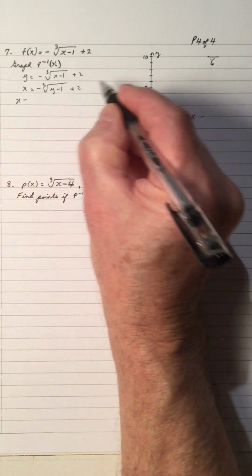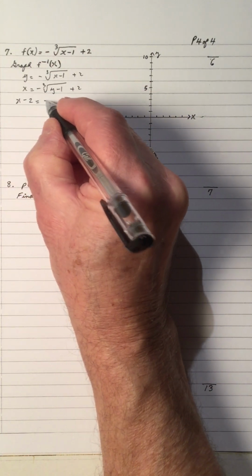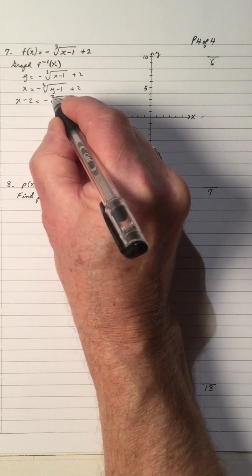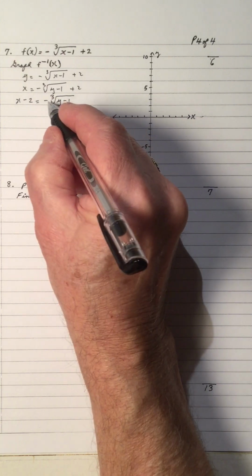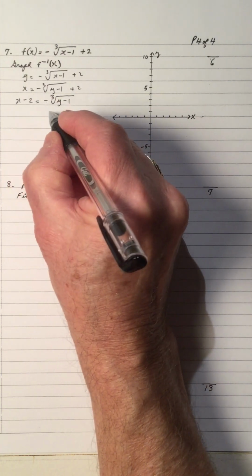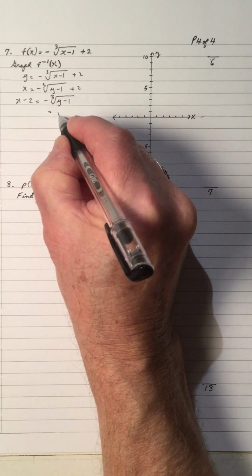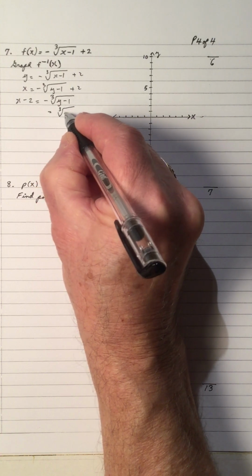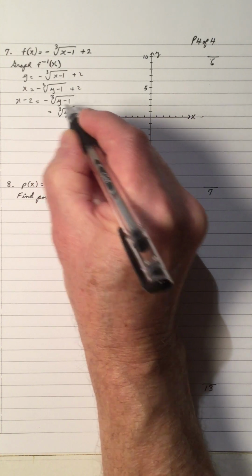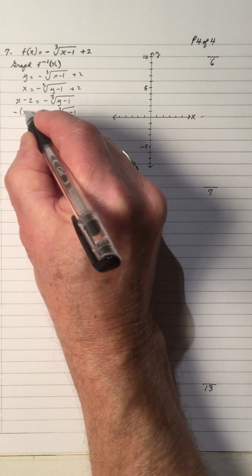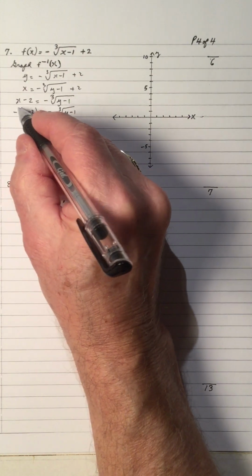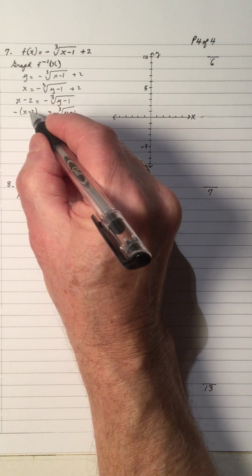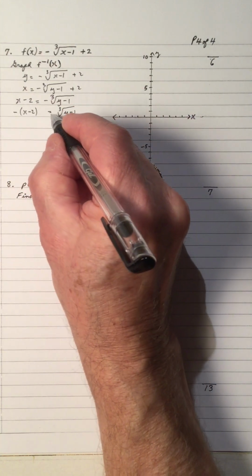So x minus 2 equals the negative cube root of y minus 1. And we do the negative of each side. Negative times the negative is positive, so we get the cube root of y minus 1 equals the negative of x minus 2. I could have multiplied negative 1 by both of these, got negative x plus 2, but I left it like that.